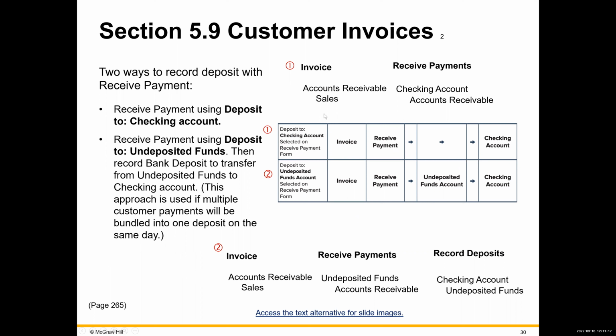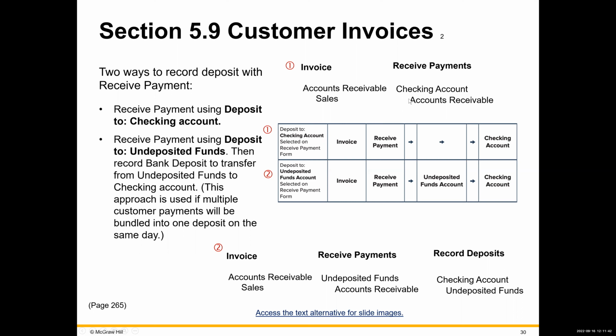So that's going to create debit accounts receivable and credit sales. Well, then 30 days later, let's say your customer is paying you what he owes you. So when you do receive payment, it's going to be credit accounts receivable. Why? Because if he pays you, he doesn't owe you as much anymore.